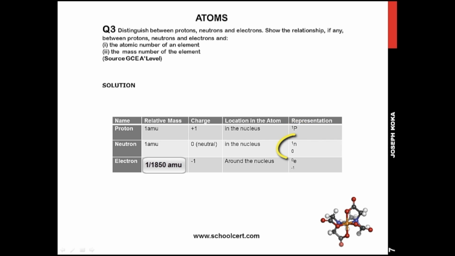Neutron, represented as N, has a mass number of 1 and atomic number of 0. Then electron, represented as E, has a mass number of 0 and atomic number of -1.